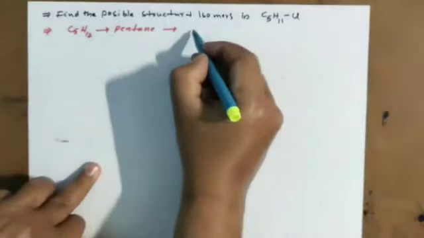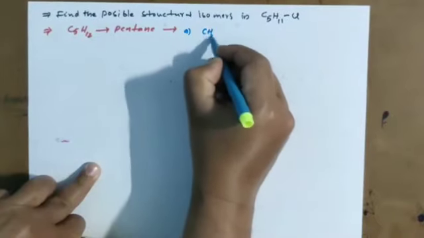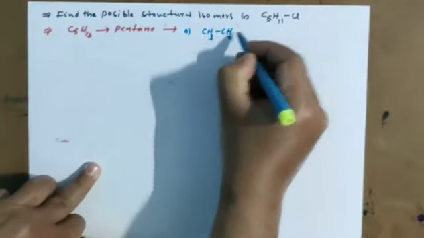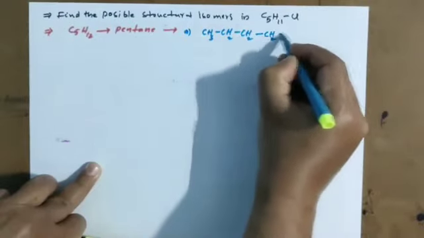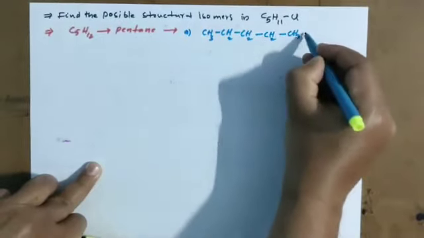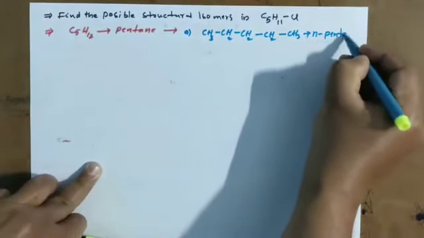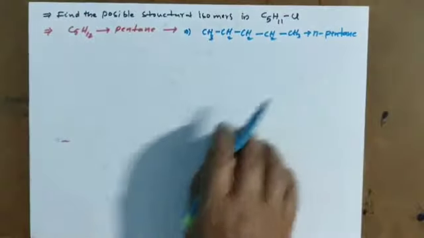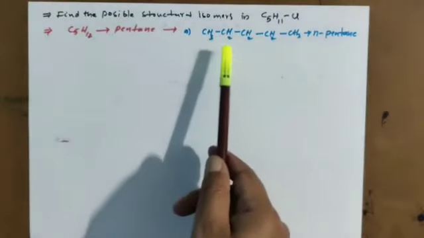Pentane having 3 types. One is N-pentane, CH3, CH2, CH2, CH2, CH3. This we are calling N-pentane. And another we have isopentane, neopentane. First we have to go for here.